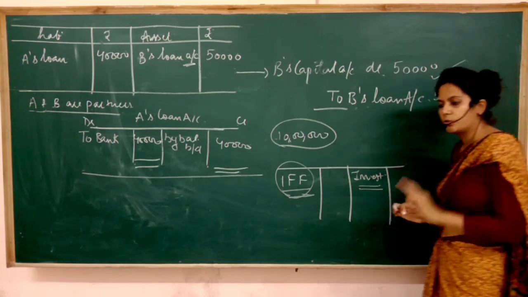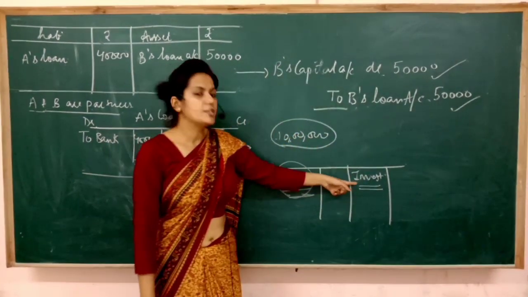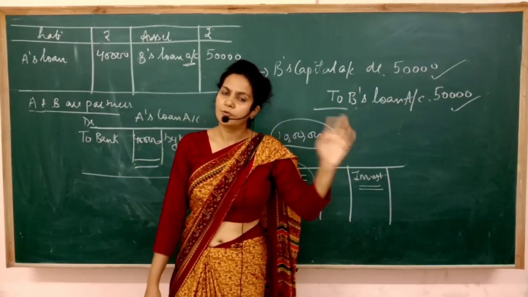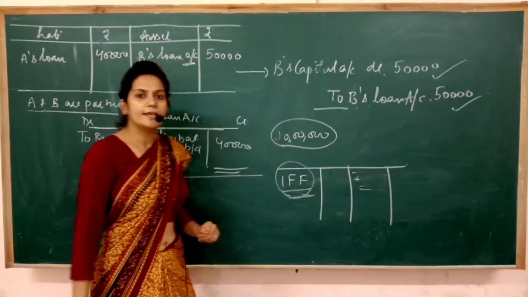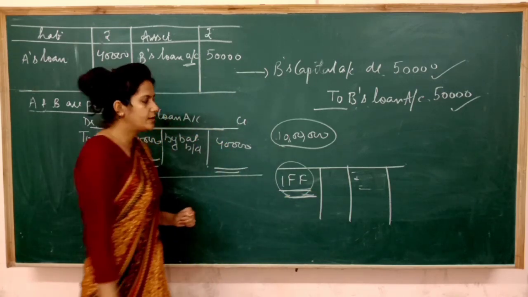Please do make a note. If investments are given on the asset side of the balance sheet, only then this IFF will be transferred to realization. If investments are not given, then in that case, this IFF will be transferred to partners' capital account.